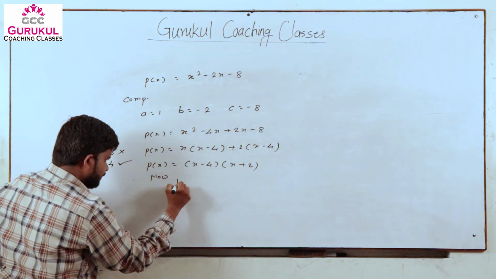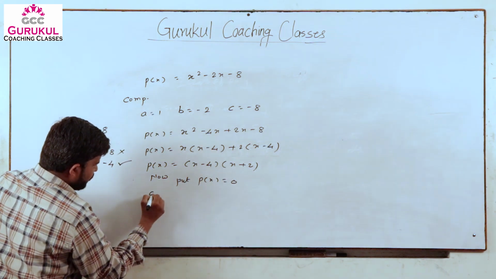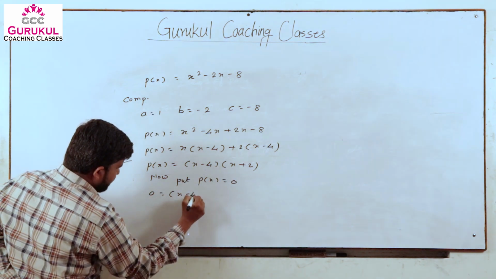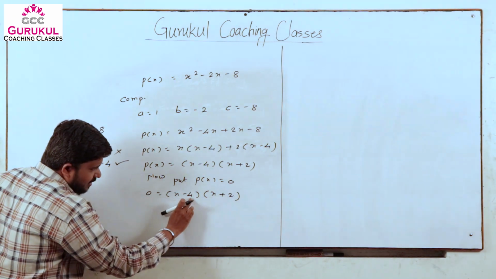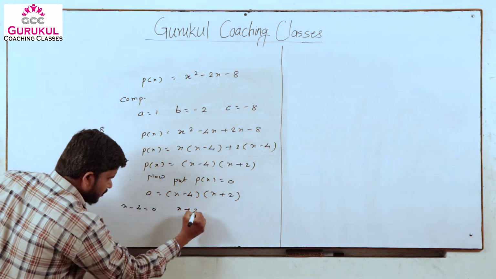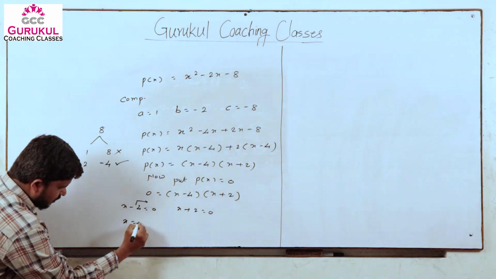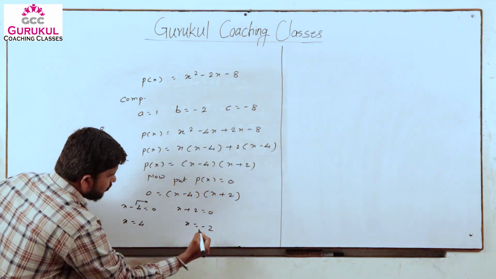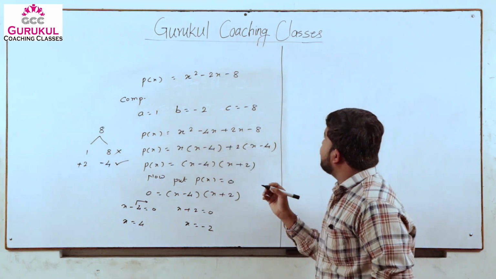Now put P of x equal to 0. So 0 is equal to x minus 4 times x plus 2. So x minus 4 is equal to 0, x plus 2 is equal to 0. x is equal to 4, x is equal to minus 2. These are the two zeros of this quadratic polynomial.